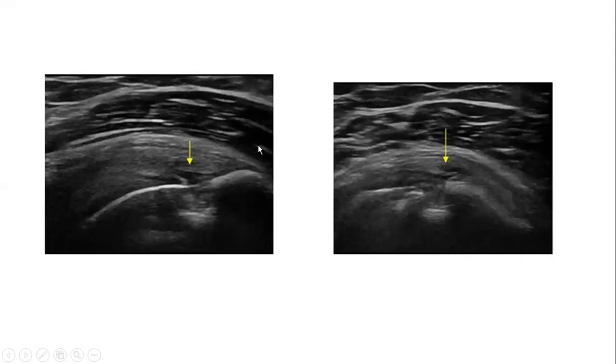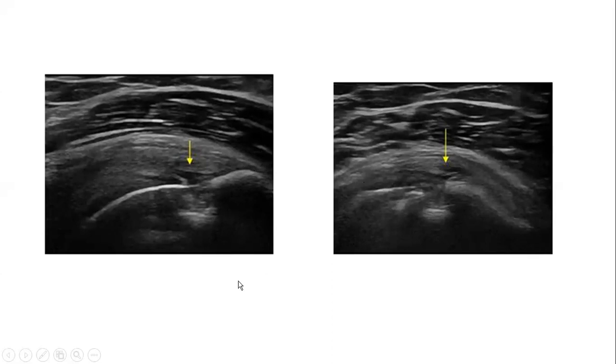If I extend this image further to the right, this is the GT, this would be the humerus, and the deltoid is going like this. Between the deltoid and GT, the fluid can be like a cystic distension here, right? It's possible that you're so focused on the supraspinatus that you didn't look for any bursal effusion.